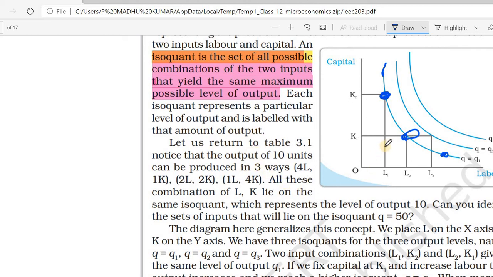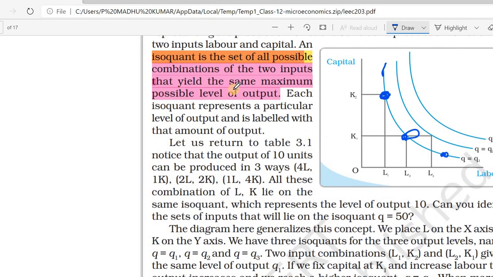Like that he can change his factors of production. Here in the isoquant we are studying the set of all possible combinations of two inputs that yield the same maximum possible level of output.